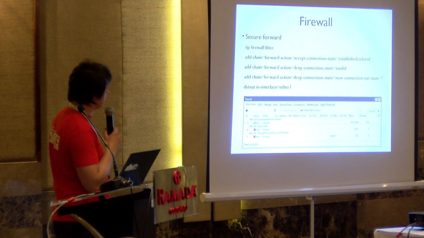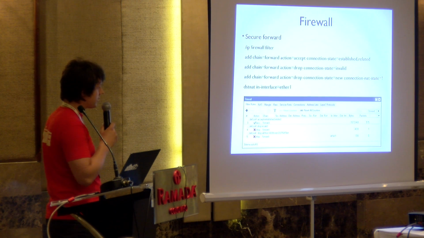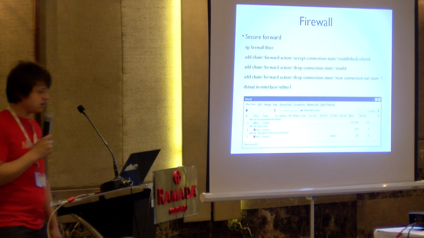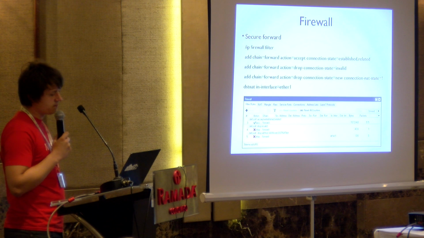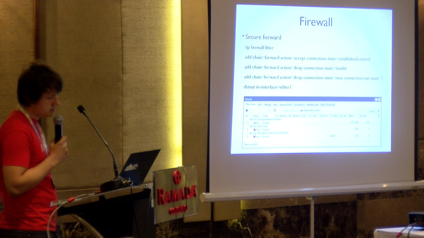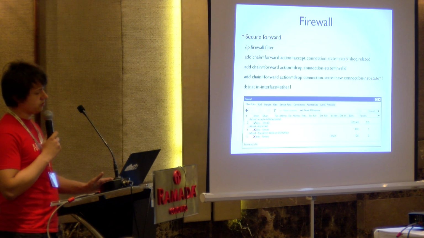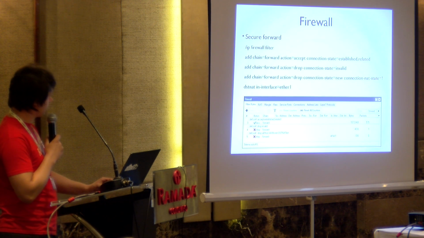And there's also a forward chain, which is responsible for protecting your customers, your local area network. To protect your LAN, you would need 3 firewall rules. One would be, again, an accept rule, which would accept established and related connections.